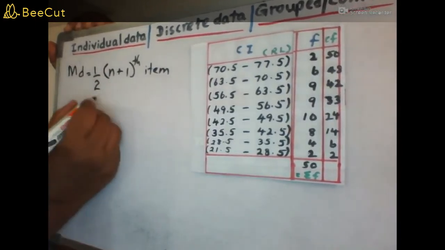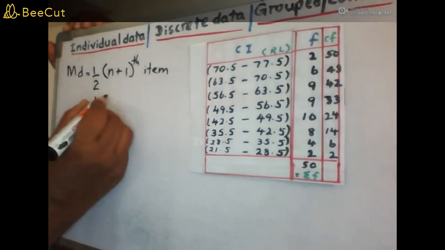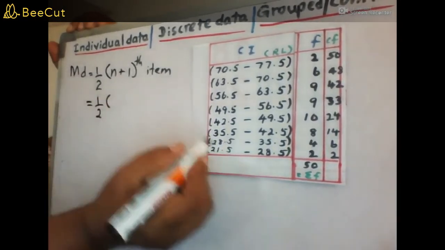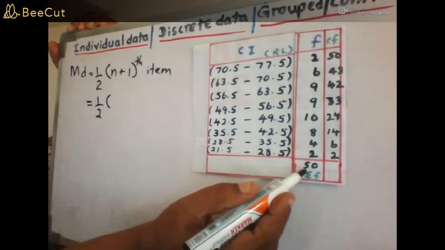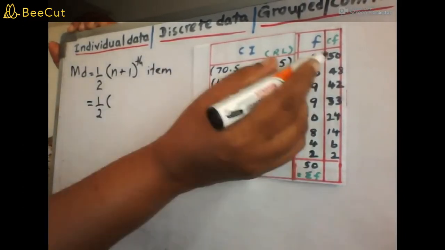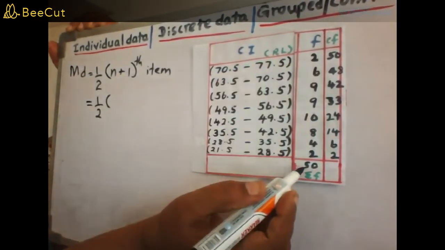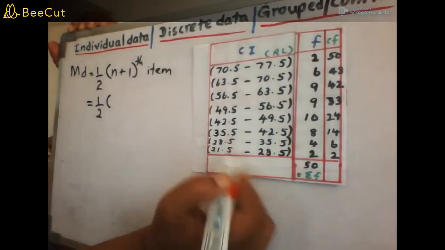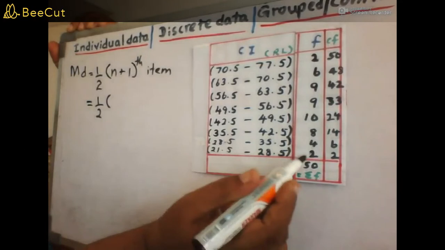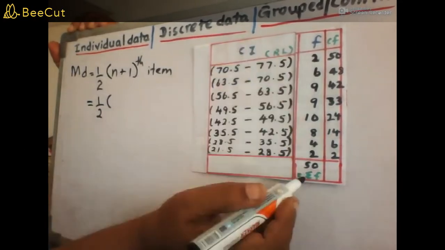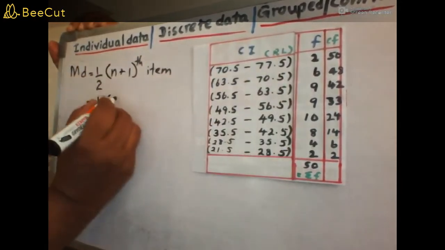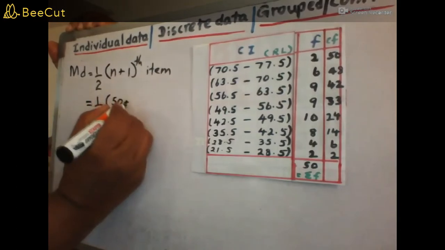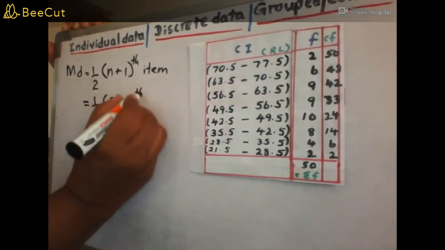What is our N here? Here, summation F. N is the number of students. There are two students who have got marks between these two. Likewise, if you get all these things, that's the N. So 50 plus 1 item.